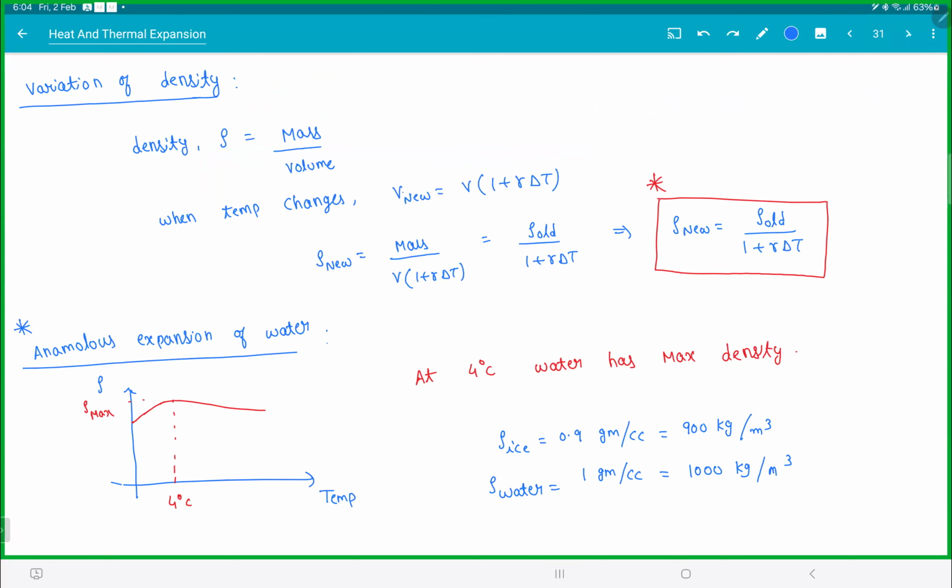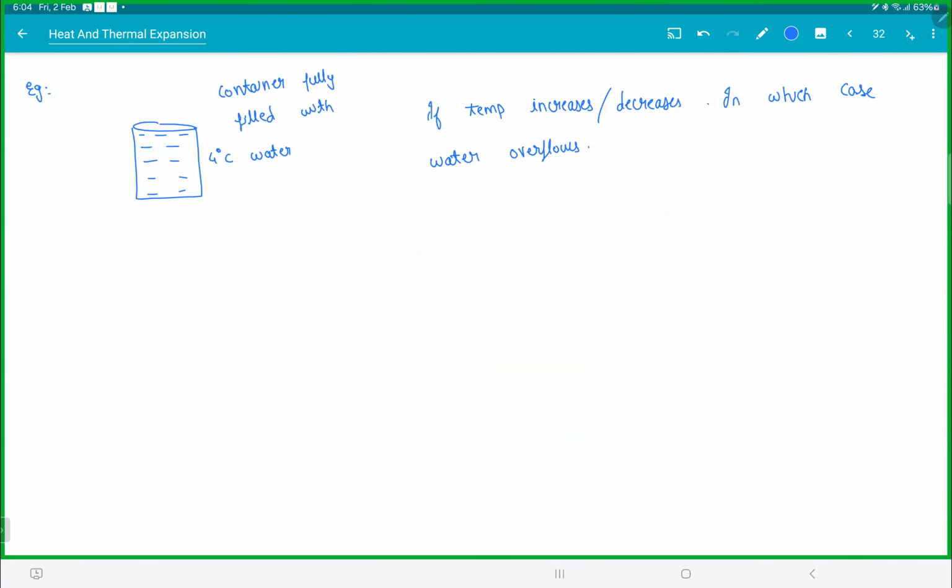See what happens. Now, when you increase or decrease the temperature, in both the cases, density decreases. That means volume will increase. So water overflows, because at 4 degrees, density is maximum.